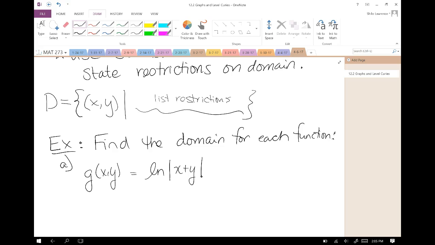So we're going to do a couple of examples. g of x, y is equal to the natural log of the absolute value of x plus y. So what do we need to be careful of when working with natural logs?